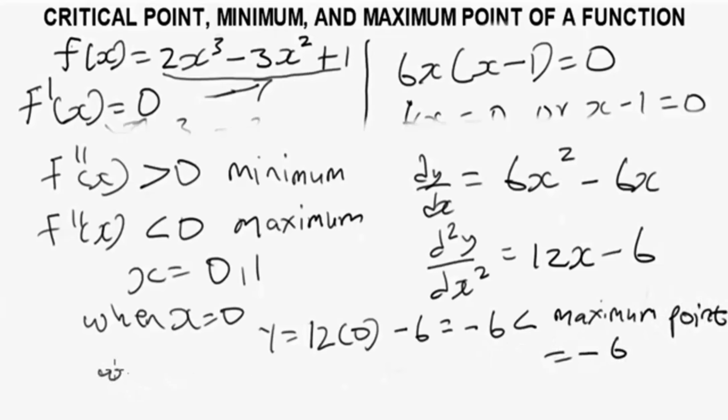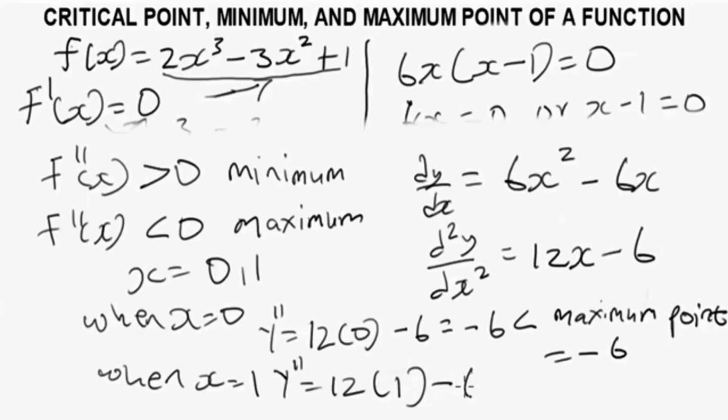Whereas when x is 1, the second derivative y double prime will be, okay, let's substitute it. Sorry, let me correct something. Okay, we are good to go. It gives you 12 in brackets 1 minus 6.